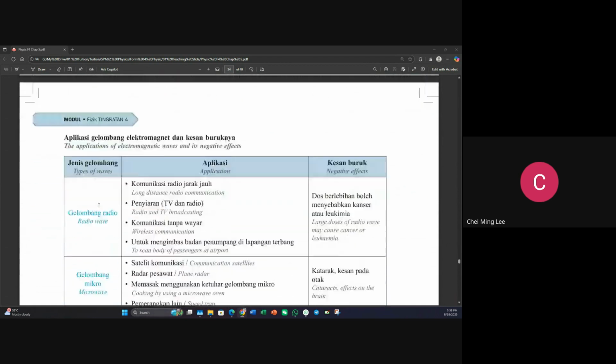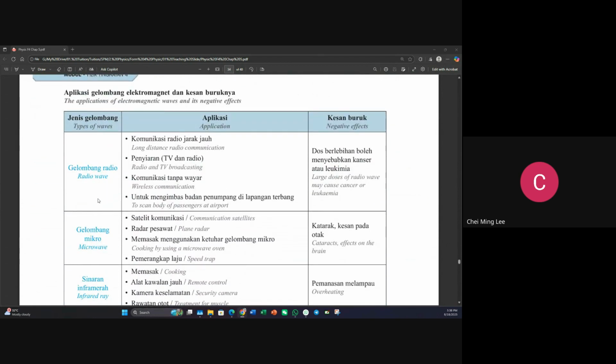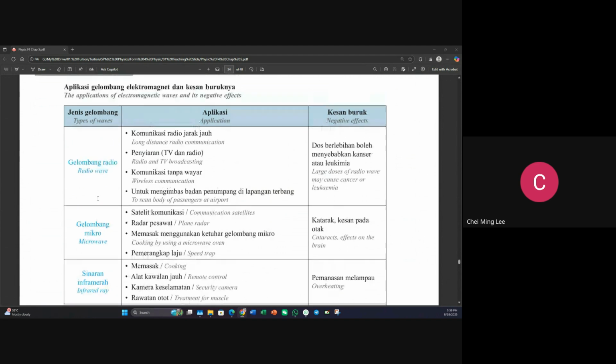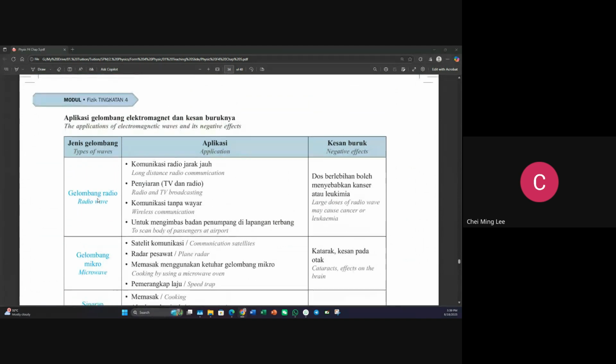Right now, let's see some applications of this electromagnetic wave and their negative effects. Okay, we start with these two first.